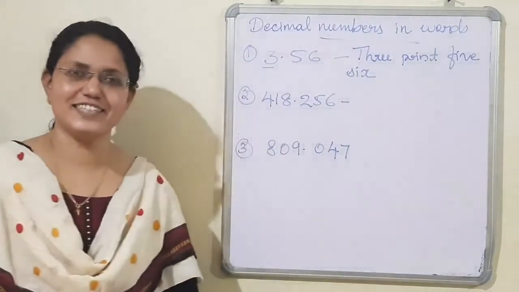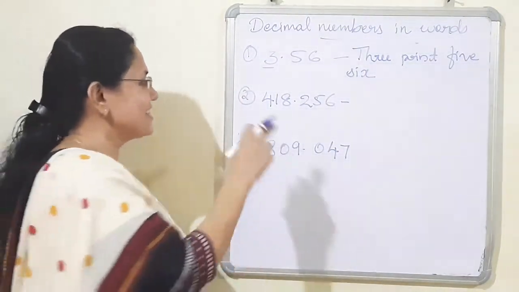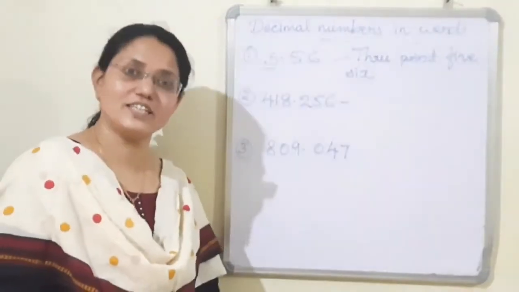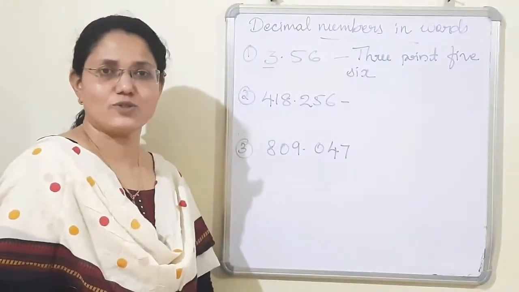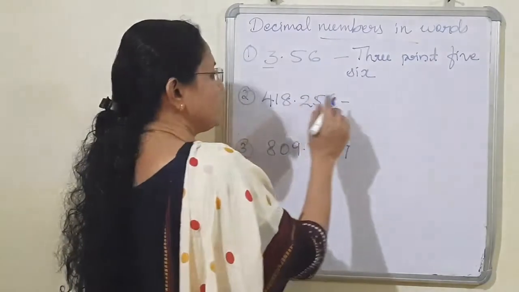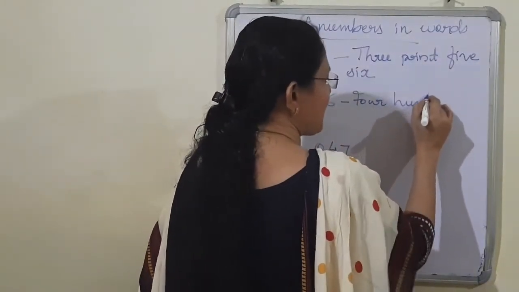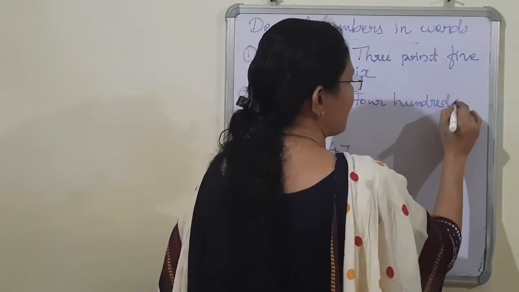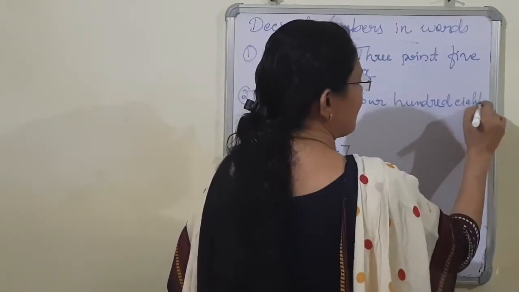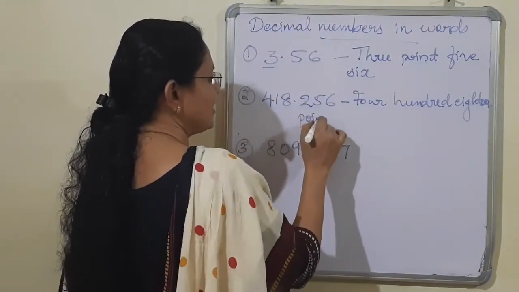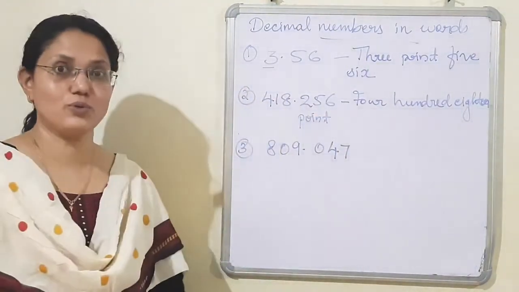Similarly, how can we read the next one? The whole number we must read together, according to the places: 418. Point. After the point, how do we read?